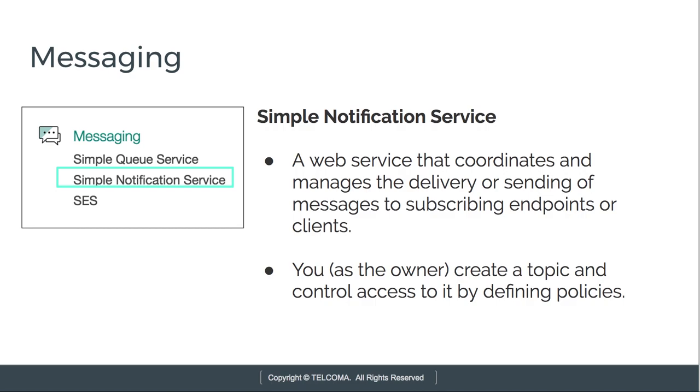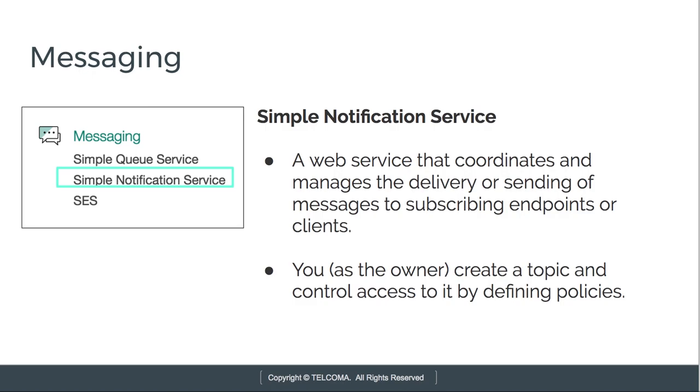SNS is easy to set up, operate, and reliably send notifications to your endpoints at any scale. We can start SNS within minutes using the Amazon Web Services Management Console. We can use this with the help of the command line interface or using software development kits.